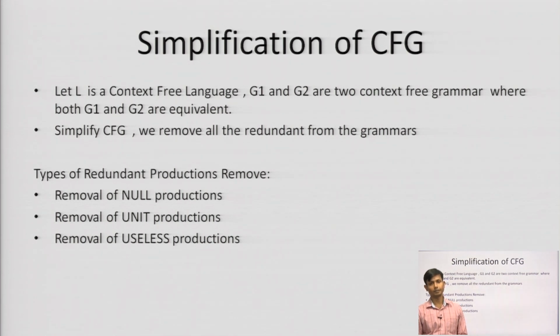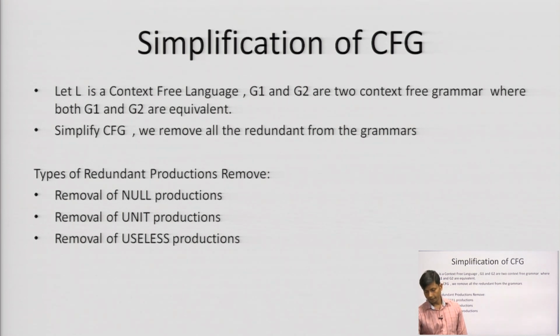It is not that some strings generated previously go missing from the new grammar. You have to take care to remove it in such a way that the language definition is not changed. So the null production means we have to remove the epsilon productions, the empty productions.